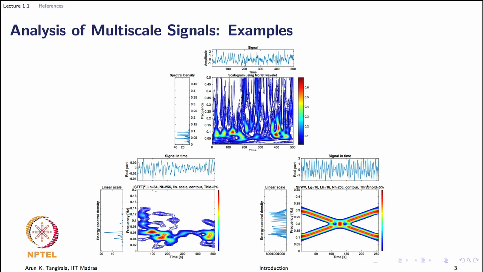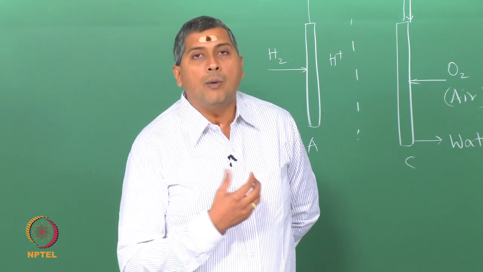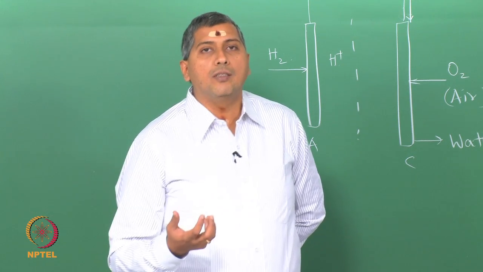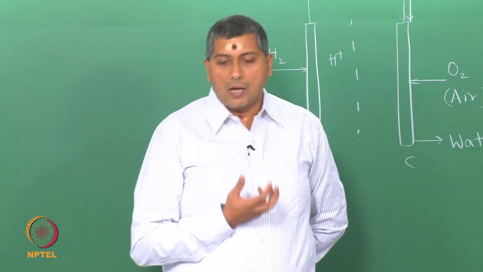And the joint energy density plot that you see here, the 2-dimensional contour plot, is coming out of a smooth pseudo Wigner-Ville distribution. It is a variant of the Wigner-Ville distribution. And once again it tells me what frequencies existed over what time intervals, and it has a very nice localization ability.